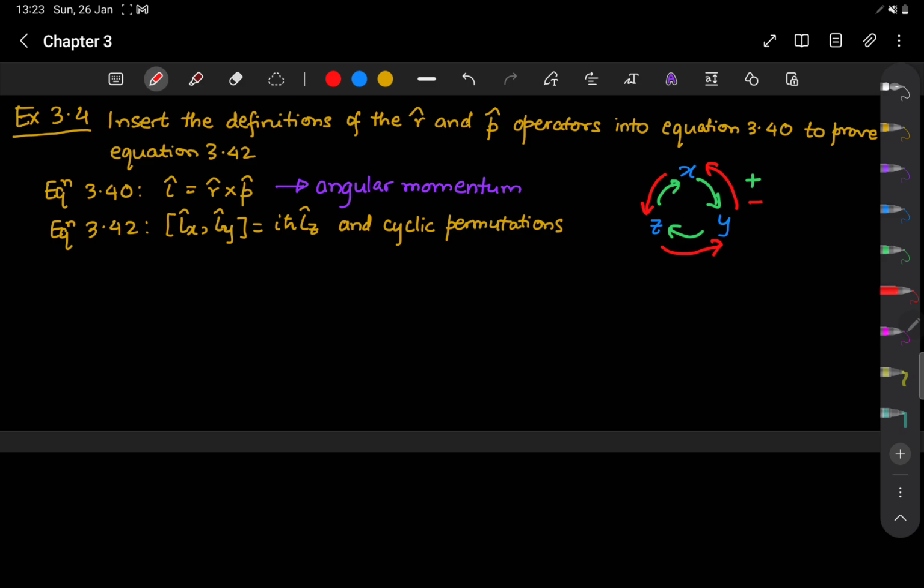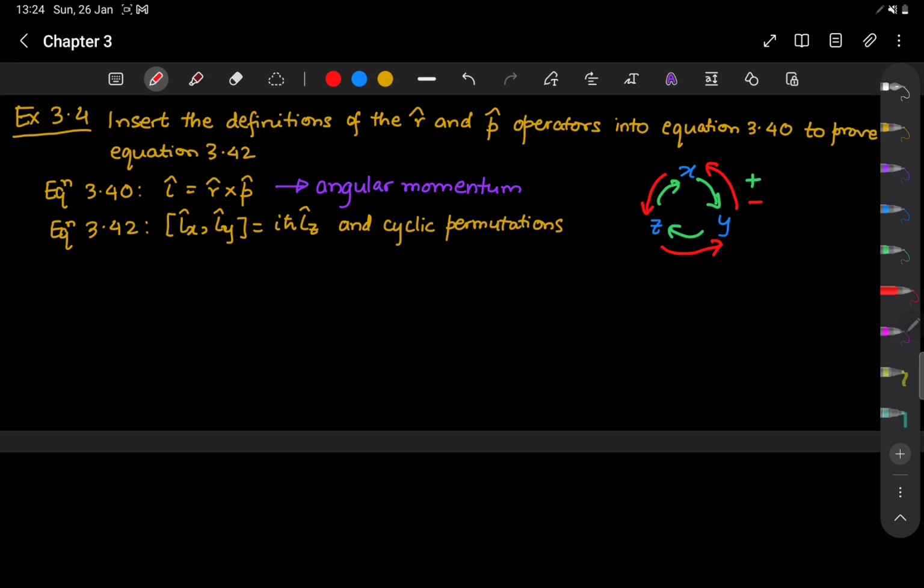And what this means is that the commutator of Lx, Ly is iħ Lz. Similarly, the commutator of Ly, Lz will be iħ Lx, and commutator Lz, Lx will be iħ Ly.